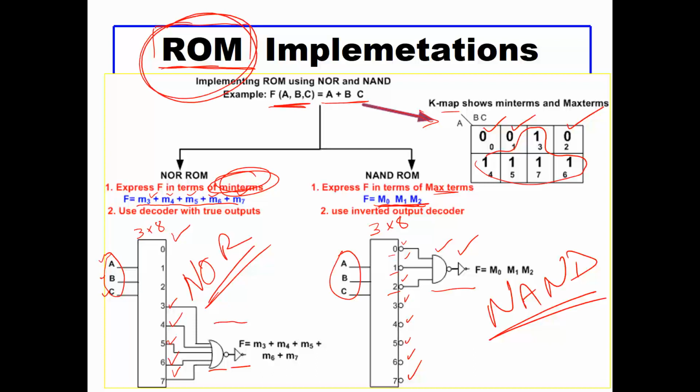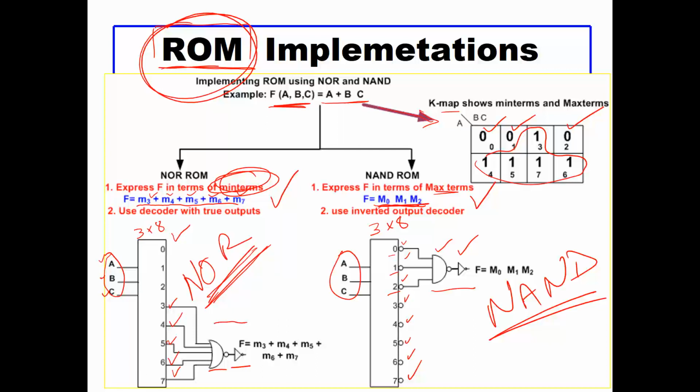So let's revise now what we said. The ROM implementation typically implements a function as a sum of minterms or a product of maxterms. For the implementation of a sum of minterms, we use the NOR implementation with a decoder which has a true output.